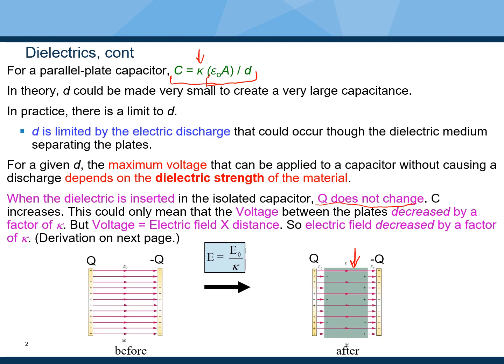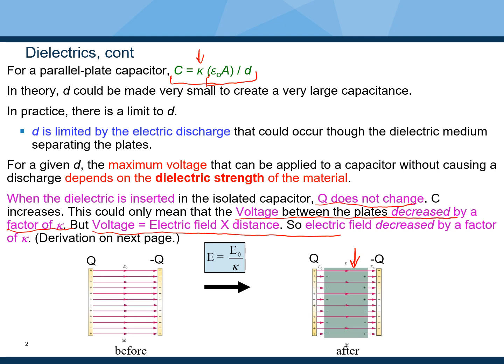However, because the capacitance has increased and capacitance is equal to charge divided by voltage, it basically means that the voltage between the two plates has decreased. And because the voltage is decreased by that factor of kappa, which is the dielectric constant, it basically means that the voltage is equal to electric field times the distance between the plates.